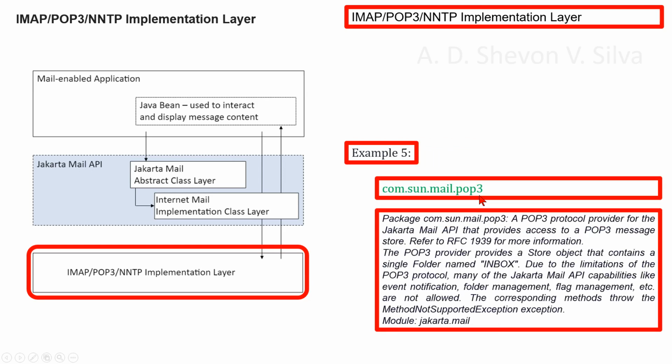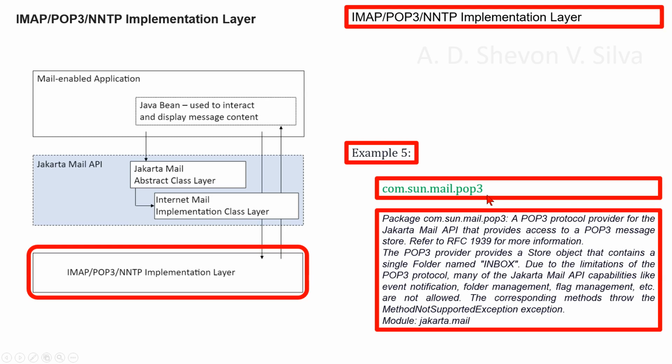As an example 5, we can consider package com.sun.mail.pop3, a POP3 protocol provider for the Jakarta Mail API that provides access to a POP message store. Refer to RFC 1939 for more information. The POP3 provider provides a store object that contains a single folder named INBOX.